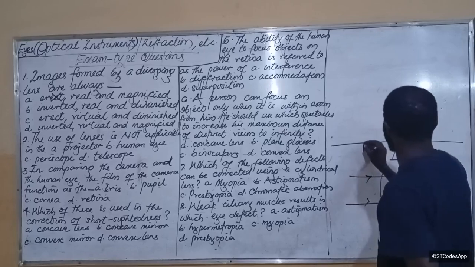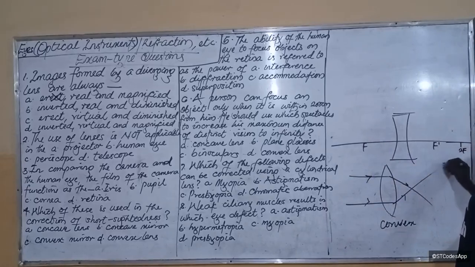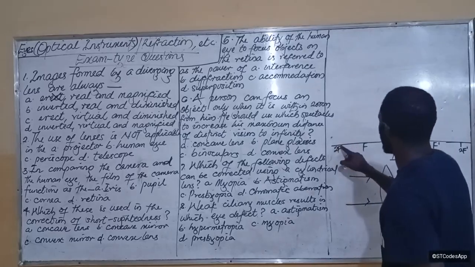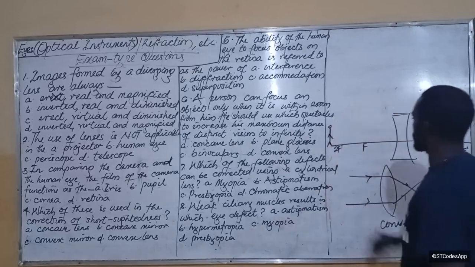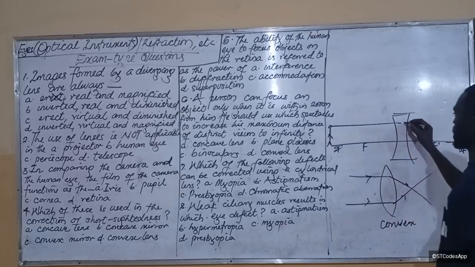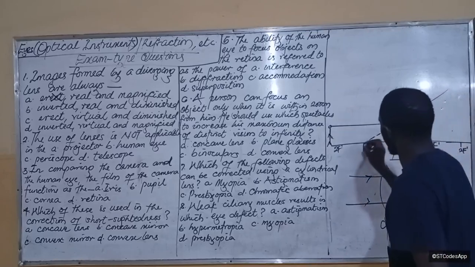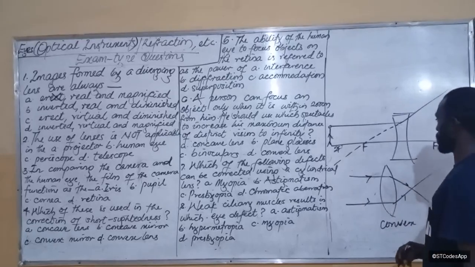So I put my F here, my F prime here, and my 2F here, 2F prime here. Let's place somebody here, our object. So you draw a ray of light. Once it gets to this guy, it diverges, and diverges as though it were coming from the principal focus, right?